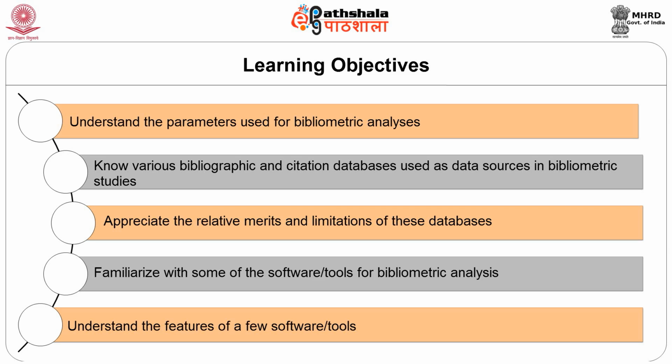You will be able to know various bibliographic and citation databases used as data sources in bibliometric studies. You will also be able to appreciate the relative merits and limitations of these databases, and you will familiarize yourself with some of the software tools for bibliometric analysis and also understand the basic features of a few software tools used for bibliometric analysis.